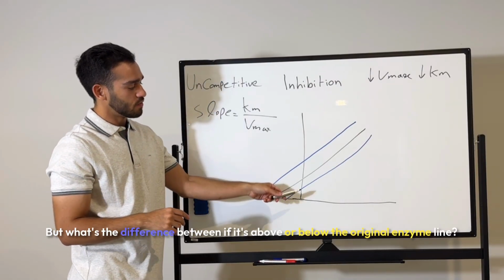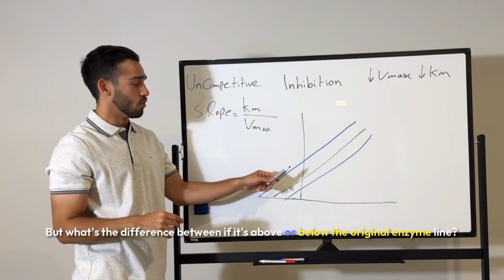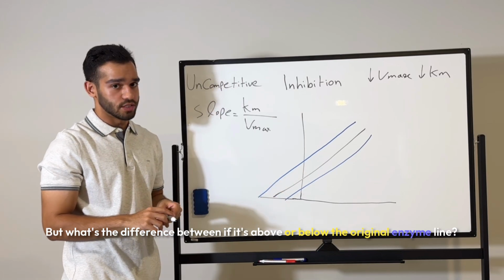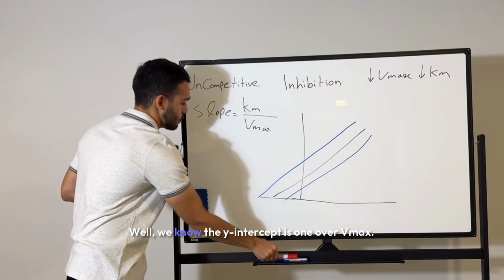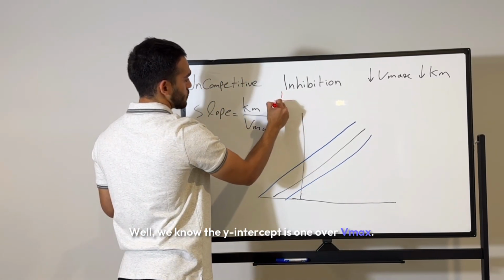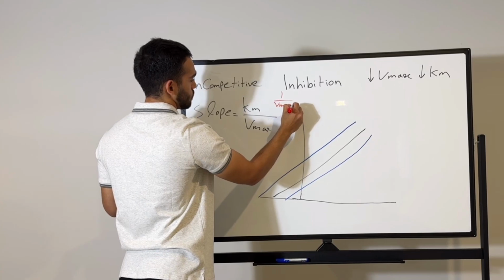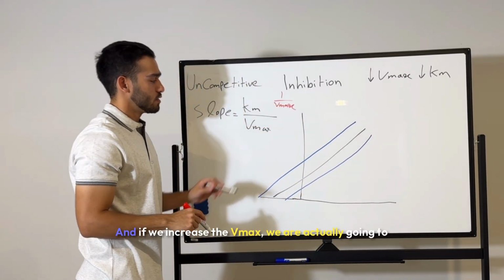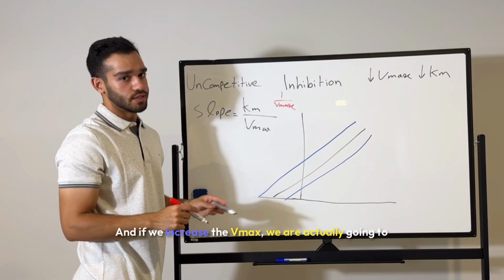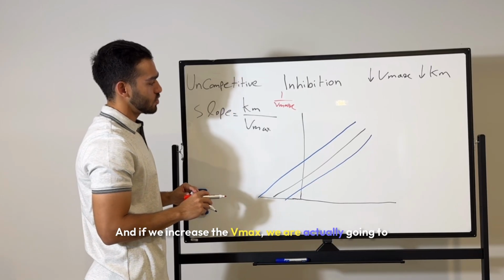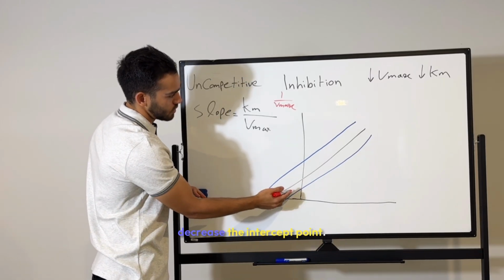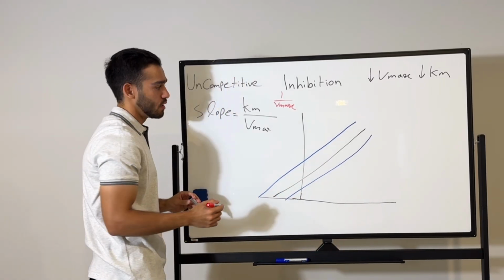But what's the difference between if it's above or below the original enzyme line? Well, we know the y-intercept is 1 over Vmax. And if we increase the Vmax, we are actually going to decrease the intercept point.